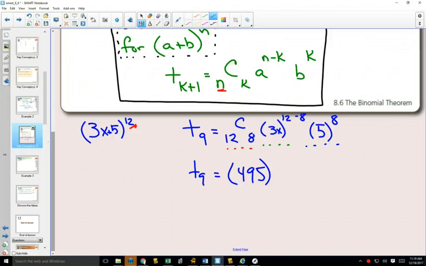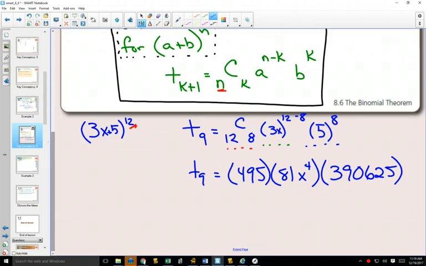This is going to be the power 4, 12 minus 8. 3 to the 4 is 81, x to the 4. And then the blue one, 5 to the 8. Again, you'd go to your calculator. That's equal to 390,625.